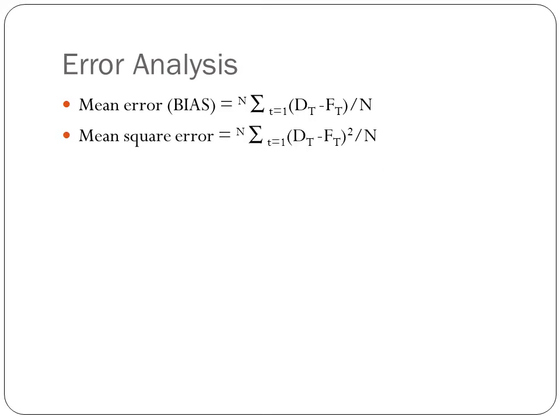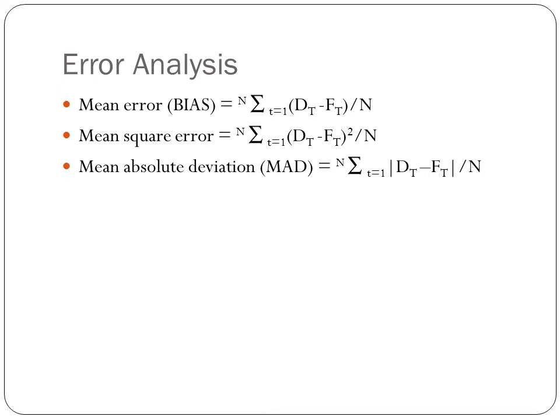Mean square error, the formula is the same, just dt minus ft whole square. Remember it like that, don't make it complex. What is mean absolute deviation, MAD? It is the same as bias, but in bias we would take a negative value in dt minus ft. If ft is greater than dt, definitely a negative value would come. But in MAD, we won't take that negative value.